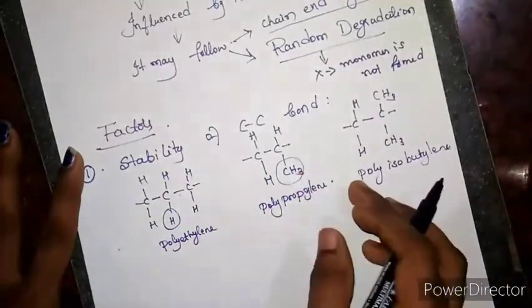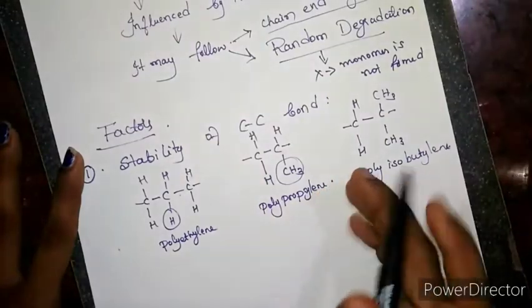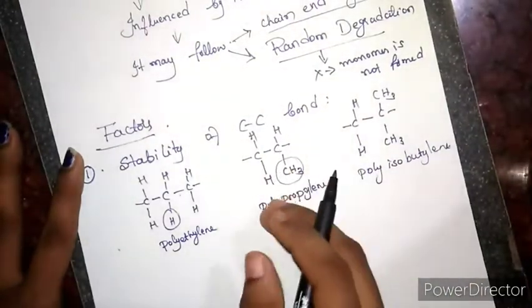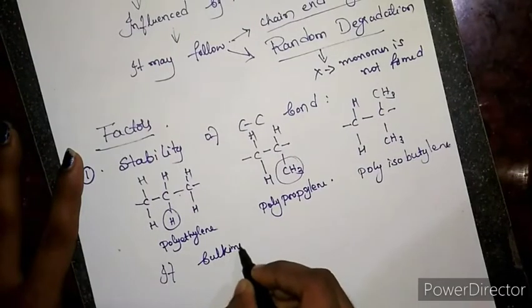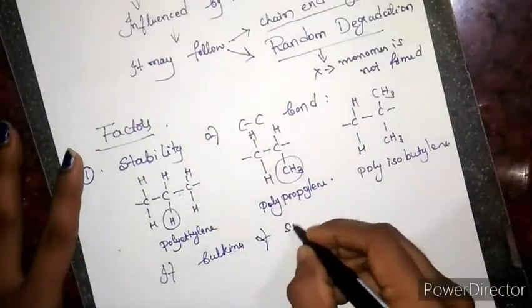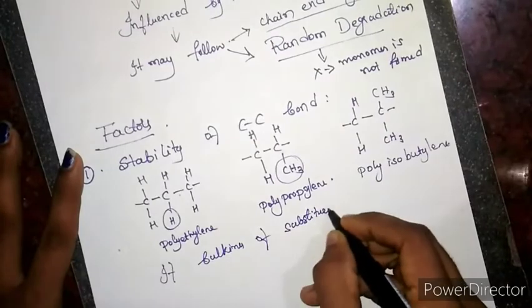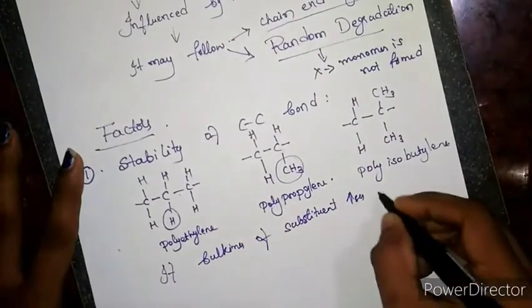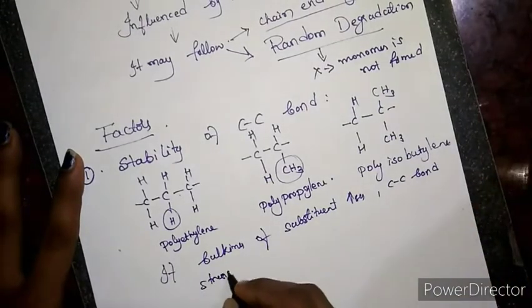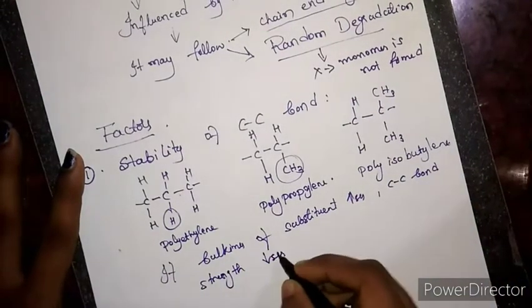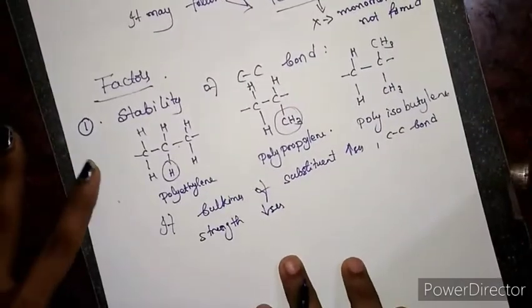So if the bulkiness of the substituent increases, the CC bond strength decreases. If bulkiness of the substituent increases, then what happens? The CC bond strength decreases.